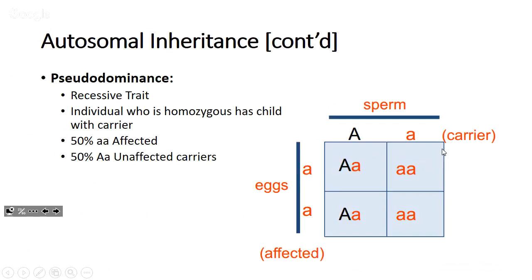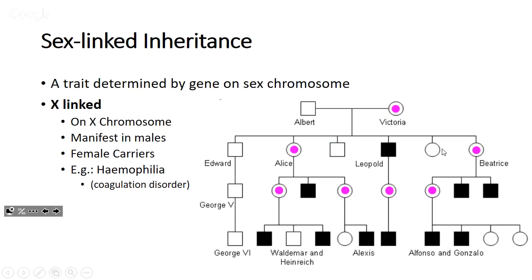If it's a 50-50 split of recessive and dominant trait being expressed, you're likely to have a situation where you've got an unaffected carrier and a homozygous creature breeding with each other, okay? All right. All righty then.